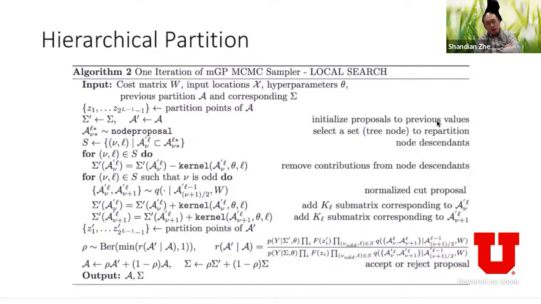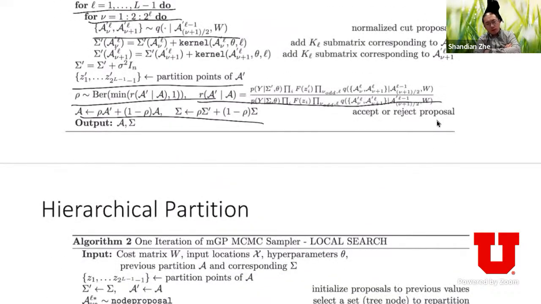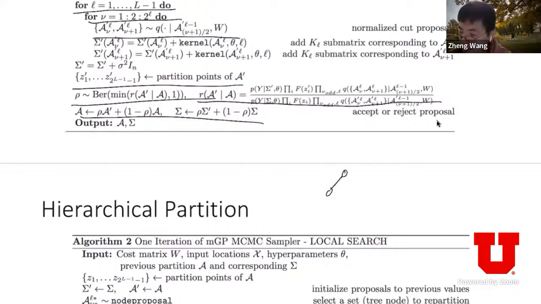What does it mean by leaf node? You have a partition tree here. If you select the root node, all the nodes should be repartitioned again.